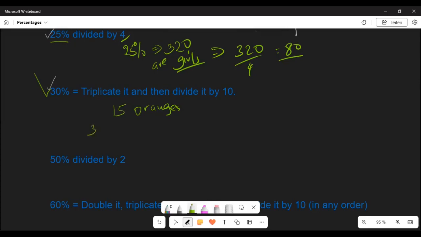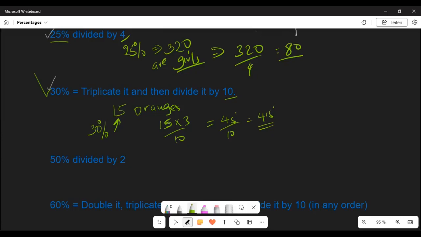Triplicate it, and then divide by 10. That means multiply 15 by 3 and then divide by 10. That will give you 45 divided by 10, which quickly gives you 4.5.